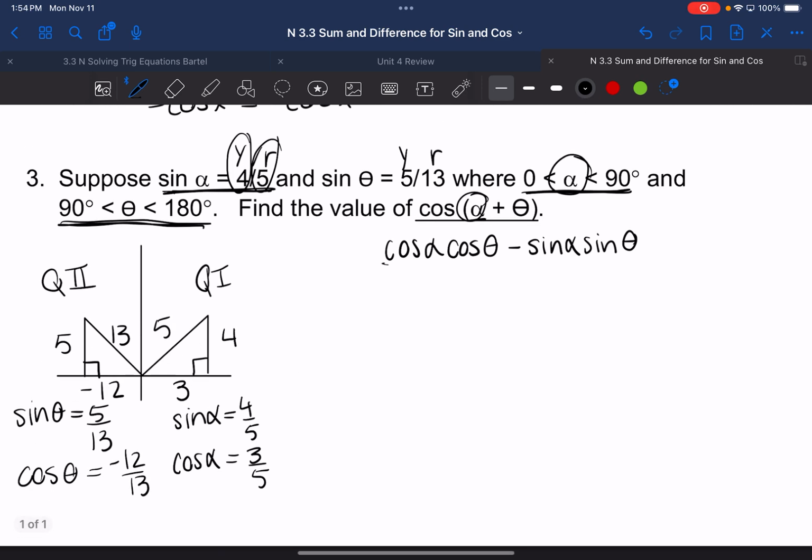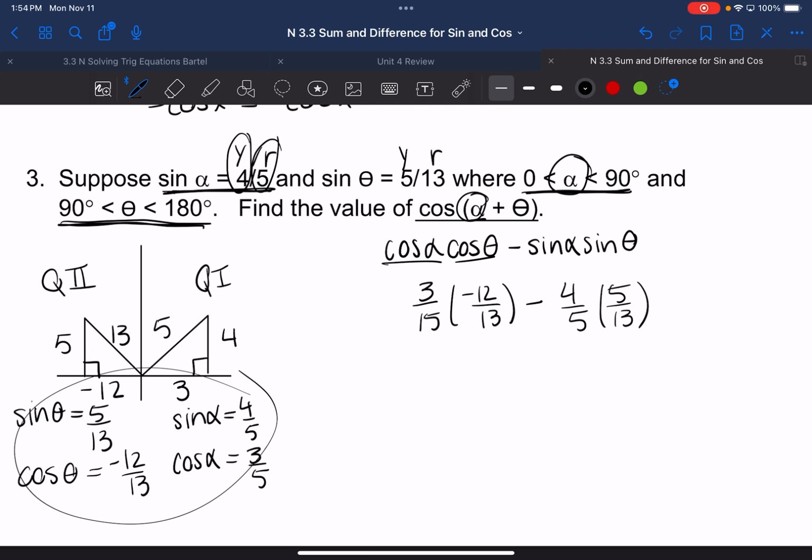Okay, so what is cosine of alpha? 3/5 times cosine of theta, which is negative 12 over 13, minus sine of alpha, which is 4/5, times sine of theta, which is 5 over 13. So we just took these and plugged them in, right? Okay, so now we would need to simplify.